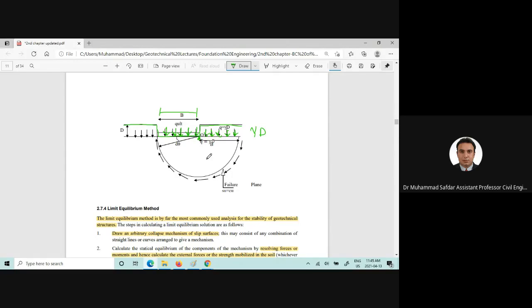This is the center point O, and this is the slip circle. And along this slip circle, cohesion is mobilized, or the shear strength is mobilized. So this is the undrained shear strength of the soil. This d theta is the settlement or the movement of the soil which is occurring downwards.